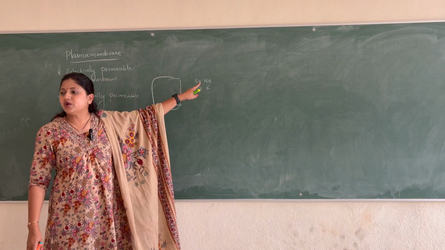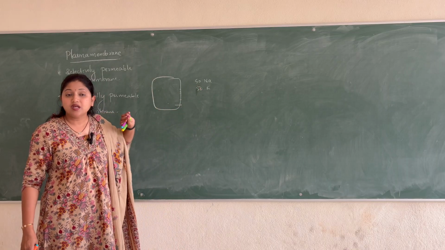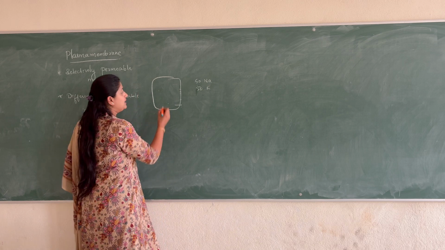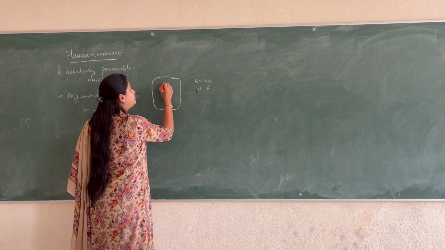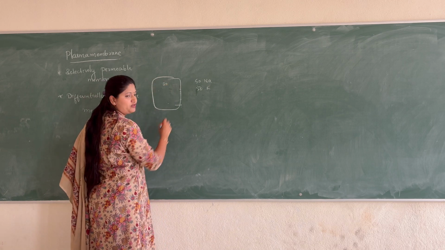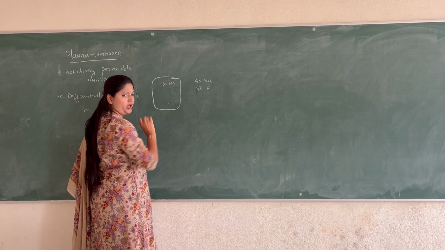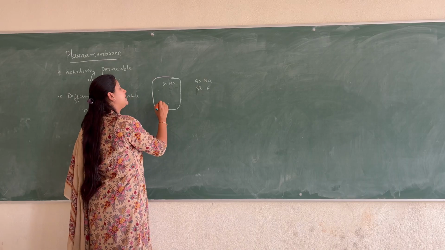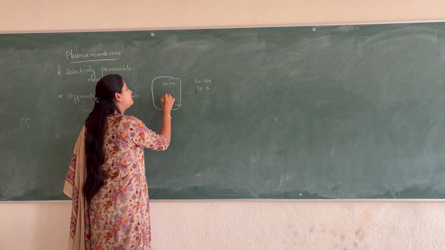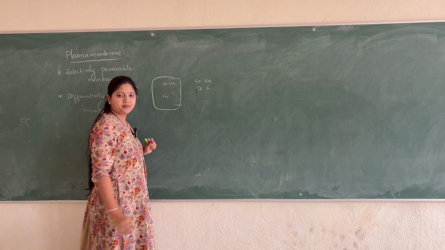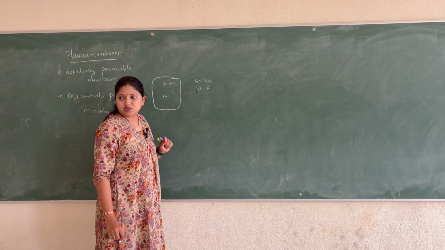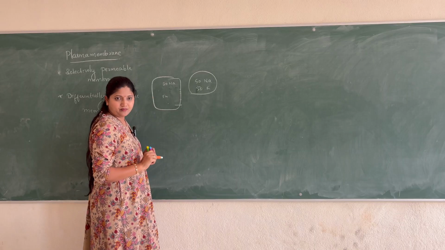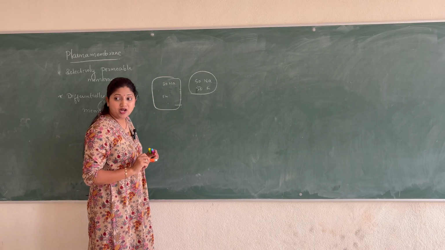Now, inside the cell, there is a requirement of 20 molecules of sodium, and there is a requirement of 5 molecules of potassium. Now, both are in the same concentration.